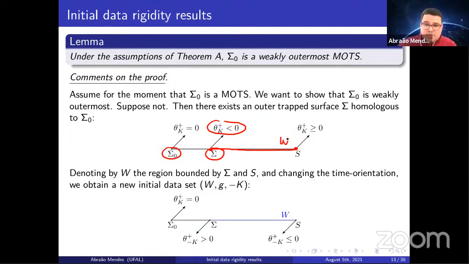So denote this region by W, and now change the time orientation of your space-time, which means that we can change the sign of the tensor K, all right? Then we obtain this initial data set satisfying this hypothesis here.